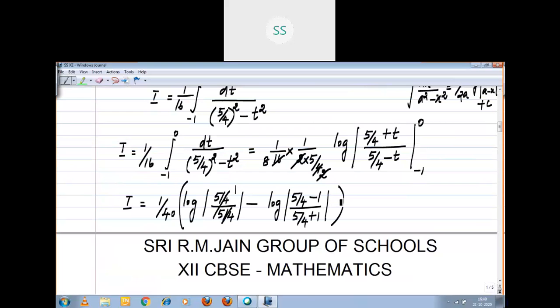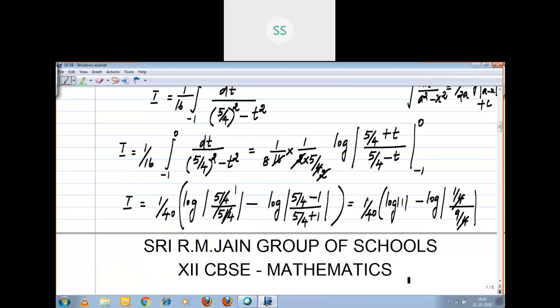It is cancelled, you will get it as 1. Here it becomes 5 minus 4 by 4, that is 1 by 4. Here 9 by 4. 1 by 40 into log modulus 1 minus log modulus of (1 by 4 divided by 9 by 4). 4 cancels, 1 by 9.